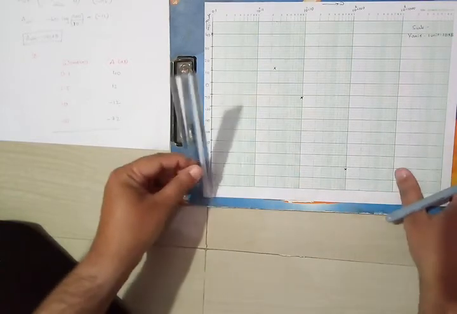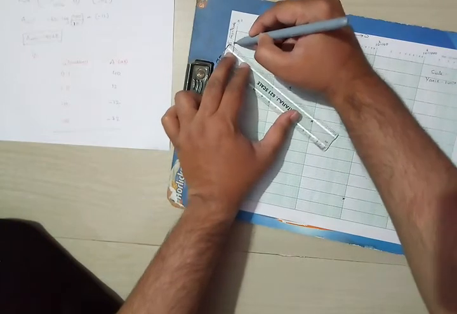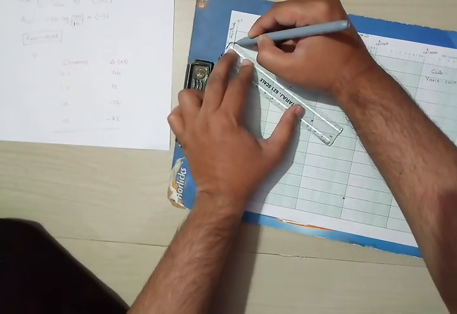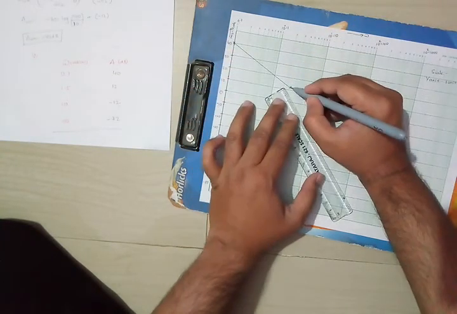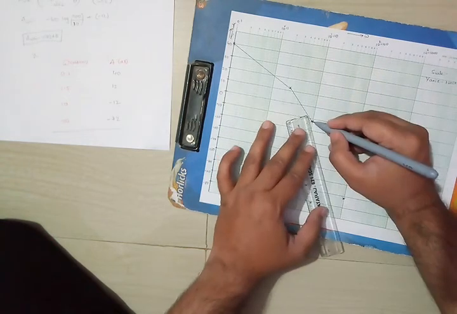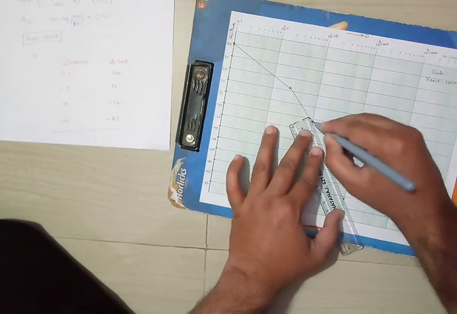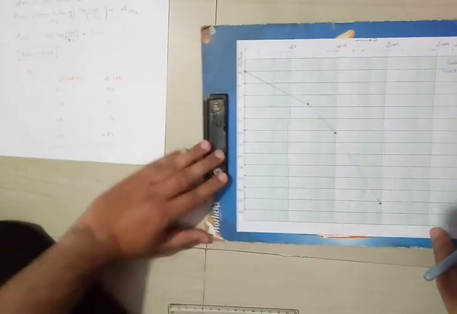Always remember one thing: when we are plotting a magnitude plot, the points we have got should be joined using a scale. Don't use a freehand sketch. Always use a scale. After this, we'll be writing the slopes.